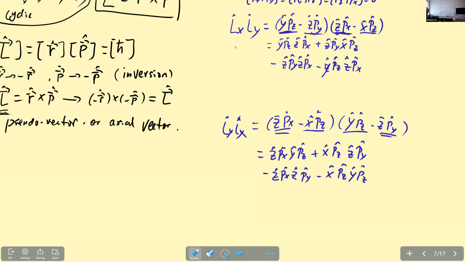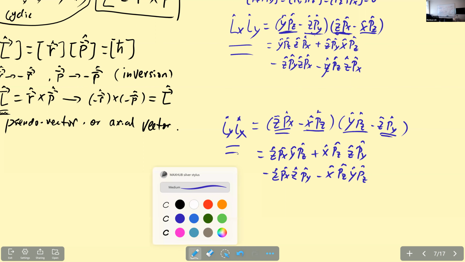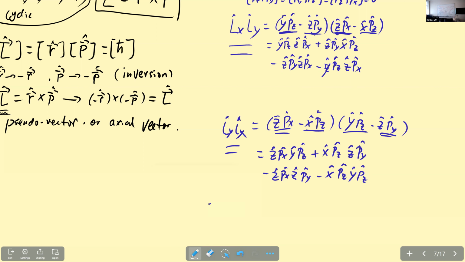Okay, if you compare this one and this one, let's look at the difference. Because there are many terms, we need to be careful. So look at this one. This is X and Y, Pz and Pz.